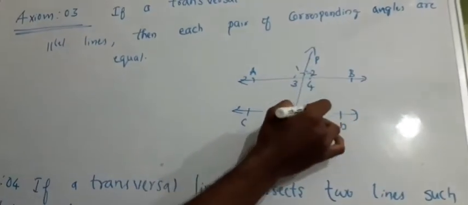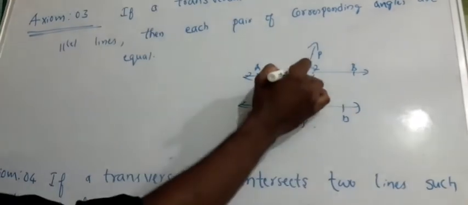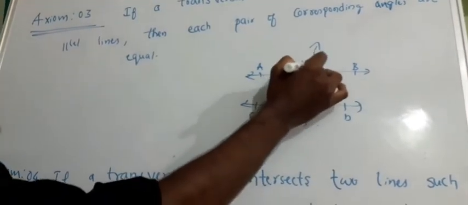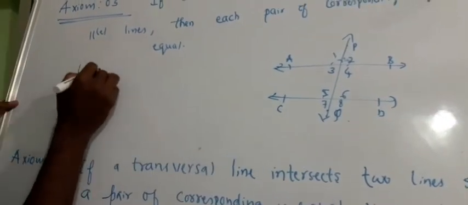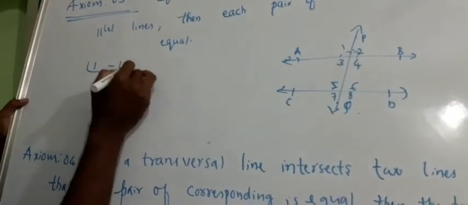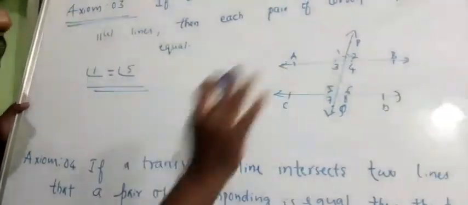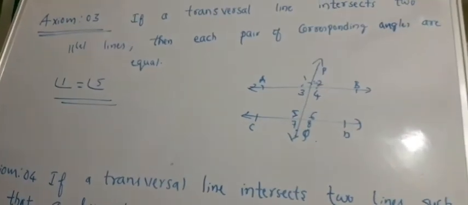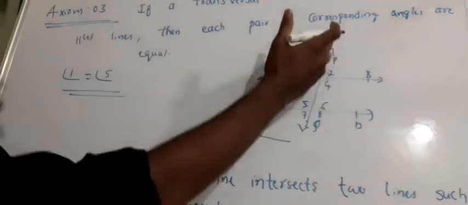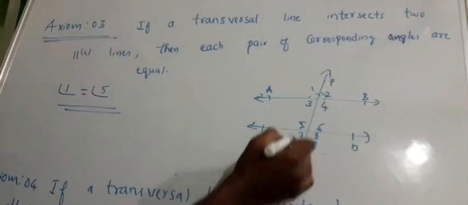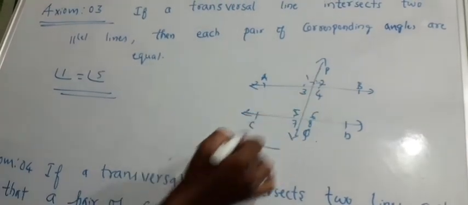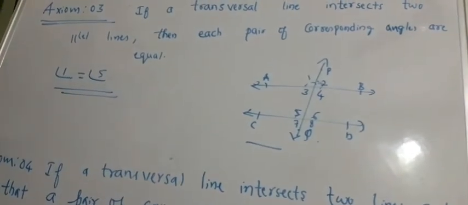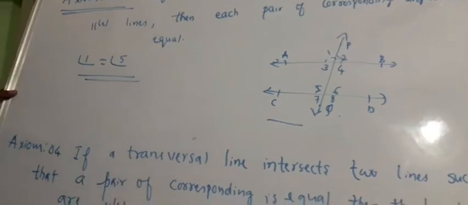That is, angle 1 is equal to angle 5. Such pairs of corresponding angles will be equal. So if a transversal line intersects two parallel lines, then each pair of corresponding angles will be equal. That is axiom 3.